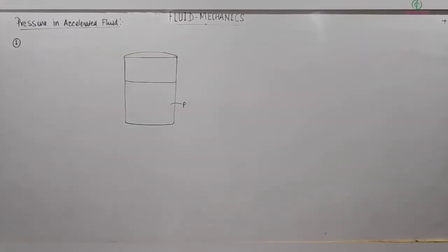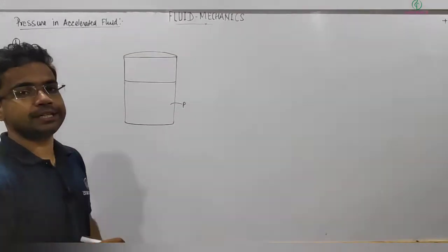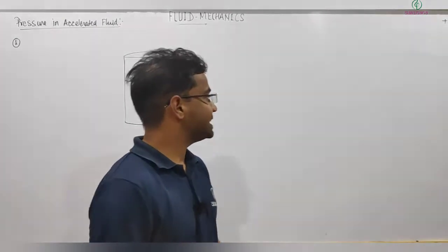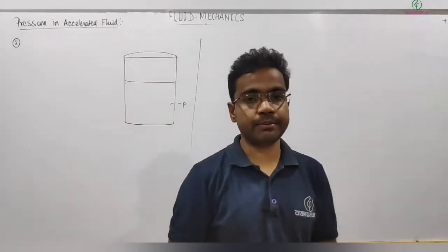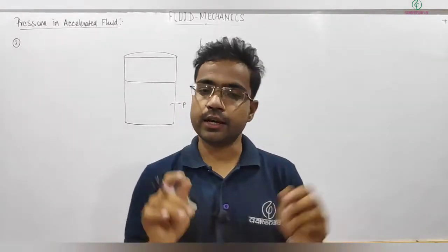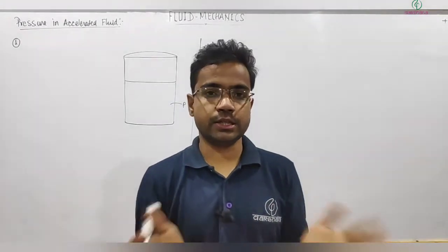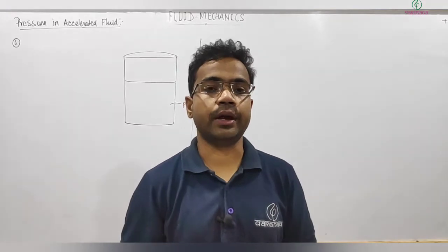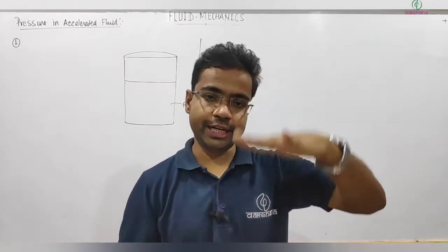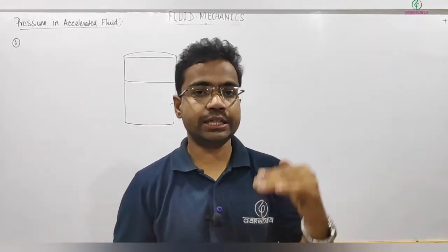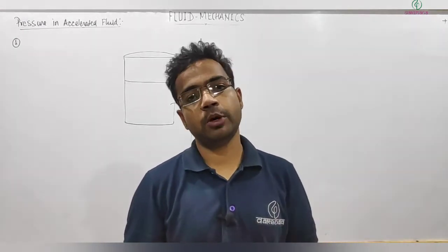Okay, next is pressure in accelerated fluid. We have already seen variation of pressure with depth. In that case, our container was simply placed at rest, and we checked that as we go down deep in the liquid, pressure keeps on increasing.